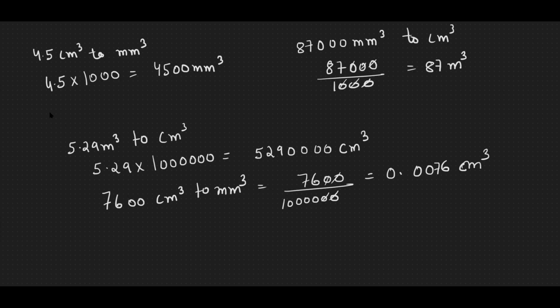Very simple. Okay, centimeter cube to millimeter cube, multiply by 1000, millimeter cube to centimeter cube, divide by 1000, meter cube to centimeter cube, multiply by 10 lakh, centimeter cube to meter cube, divide by 10 lakh. You will get your answer.